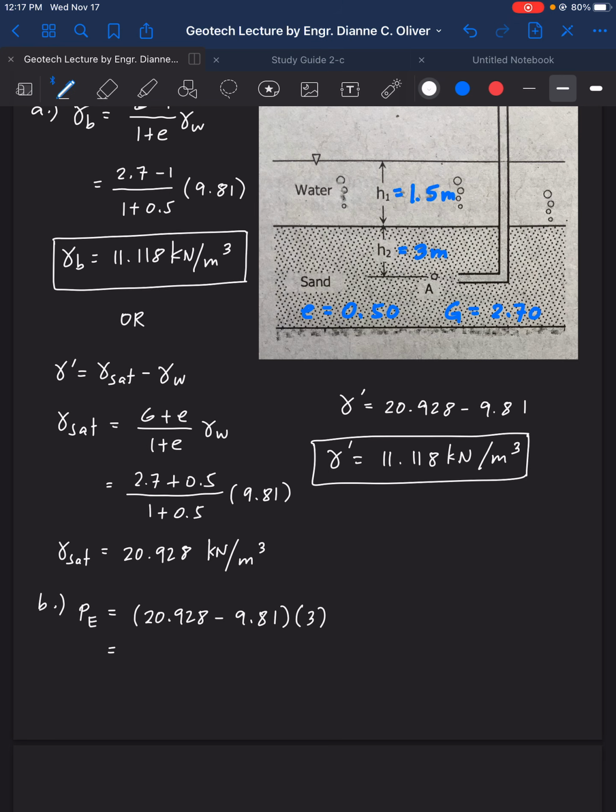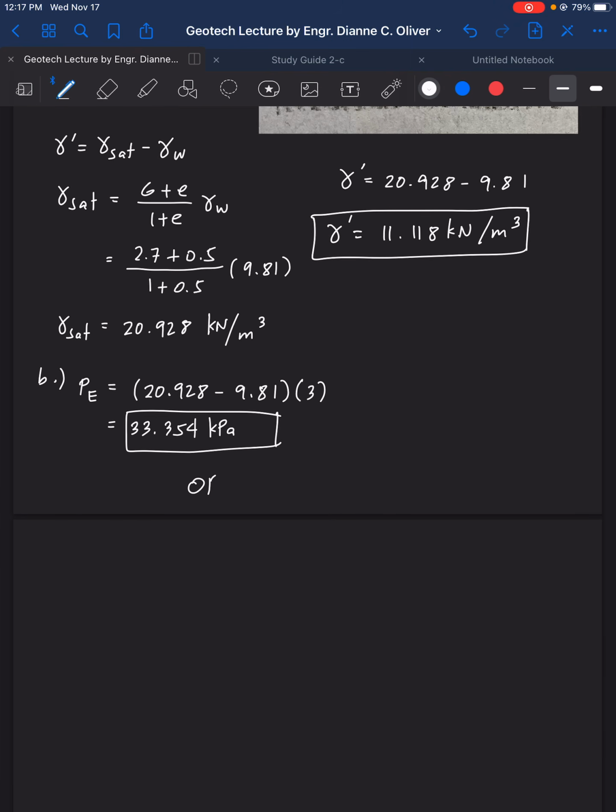So that is equal to 33.354 kilopascal. So that's the effective stress. Now, for those who still wanted to go to the general formula for effective stress, that is the P total minus P water.